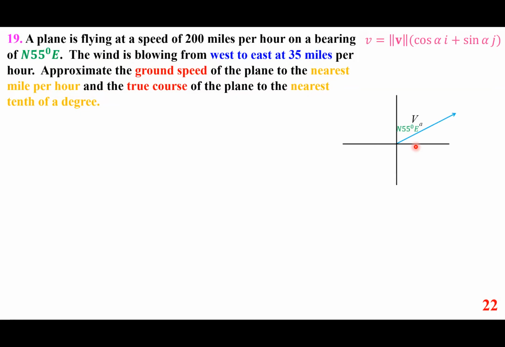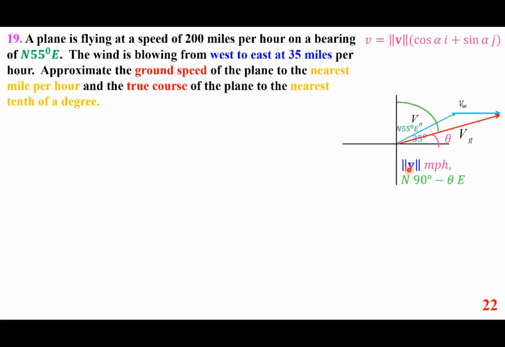So we have north 55 degrees east. We are going this way with the wind blowing from west to east, resulting in the true direction here, which we're going to call P sub G. So this angle, if we come up with it, then we can come up with the answer to the question, which is 90 minus theta.